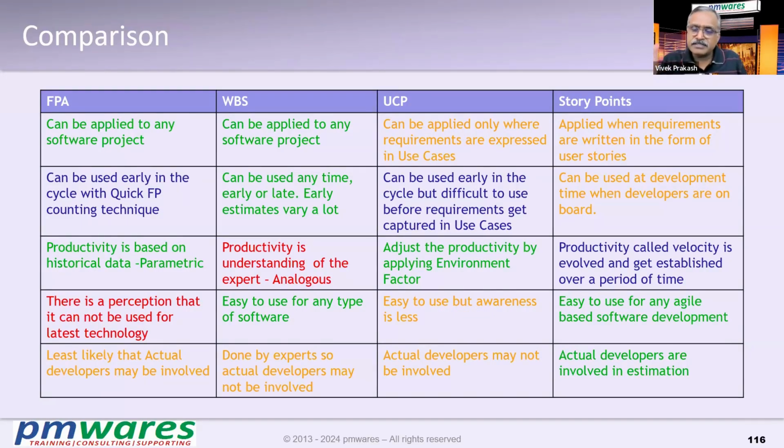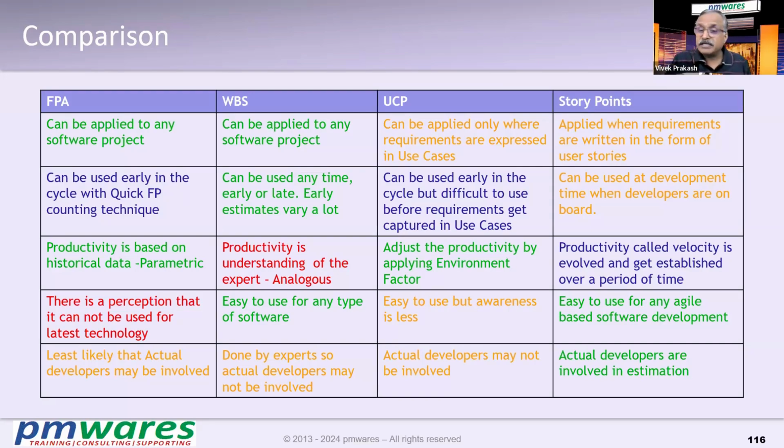So every EI is an average, every EO is an average, every EQ is an average, and ILF, EIF also we consider average. By considering them average, we have seen that it's quite close to the actuals, not very far off. So it's pretty much a strength in that sense.